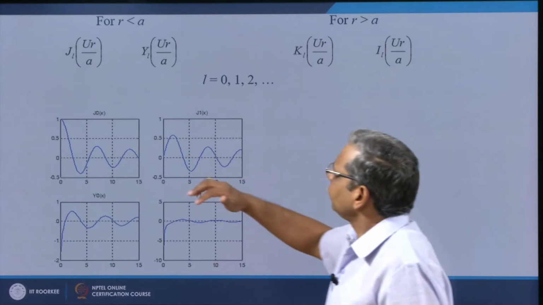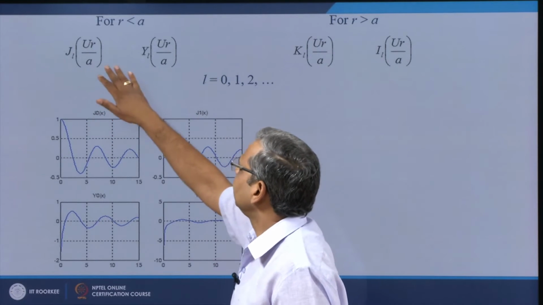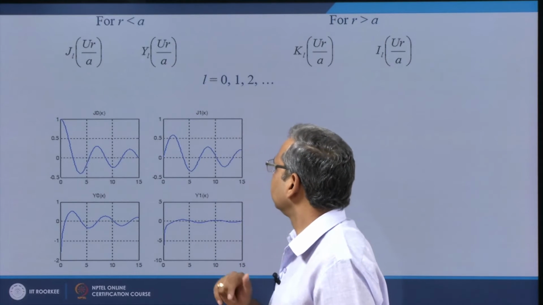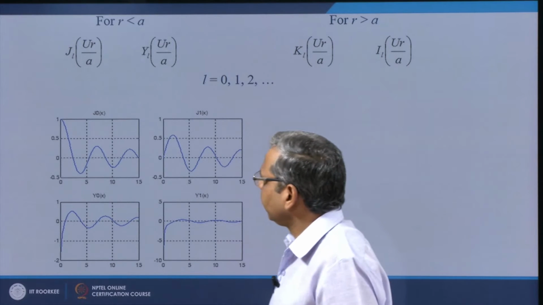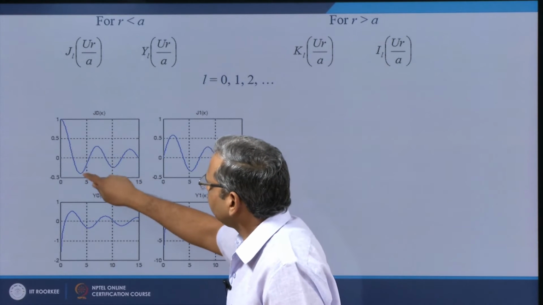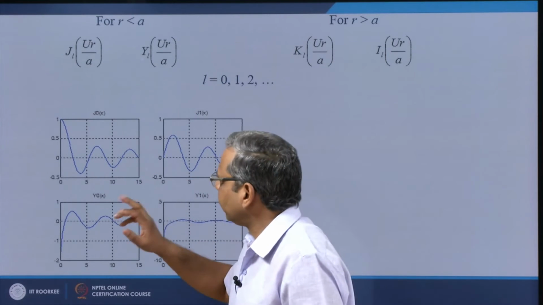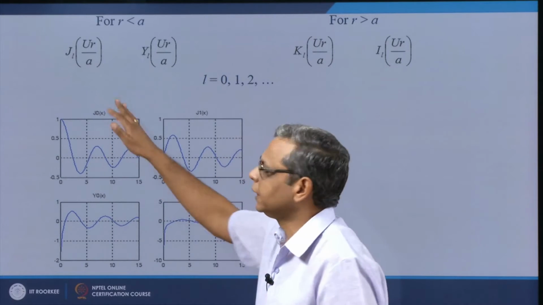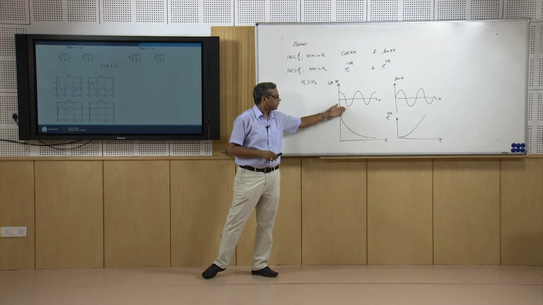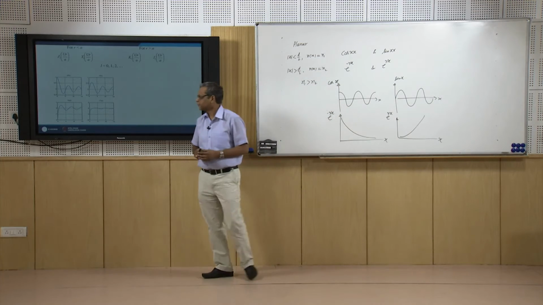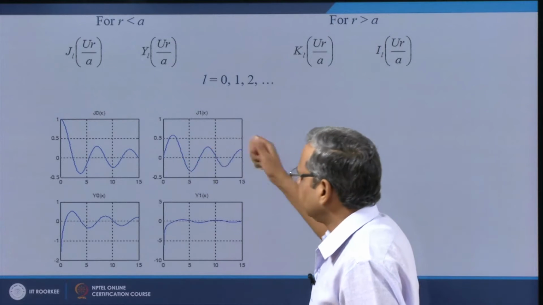If now for different values of L I plot these j0, y0 and j1, y1 and so on, I find that j0 has this kind of variation. Let me just label a function which has this kind of variation as j0, just like the function which has this kind of variation I label as cosine x. j1 of x has this kind of variation.